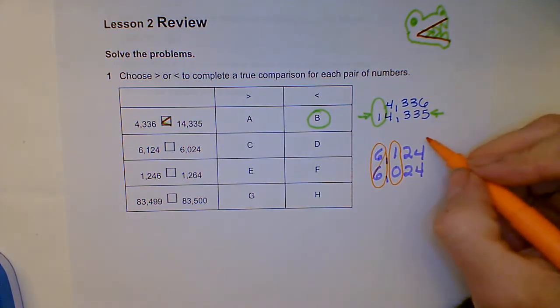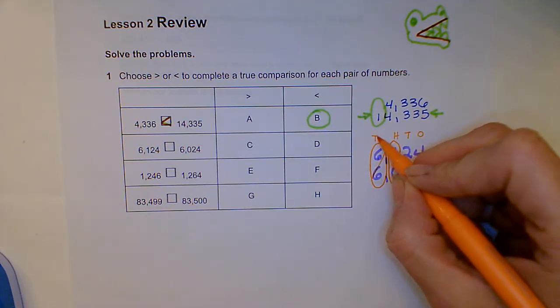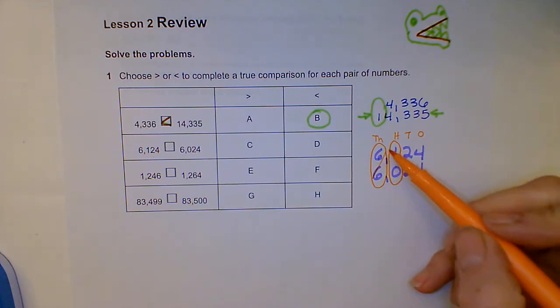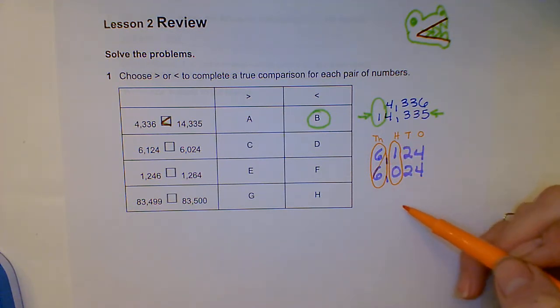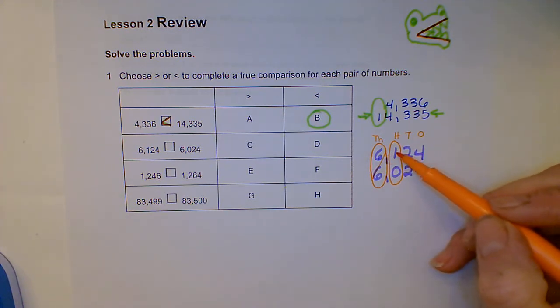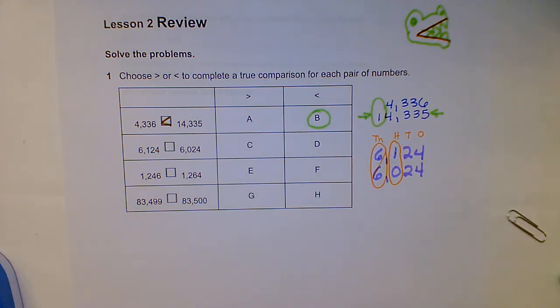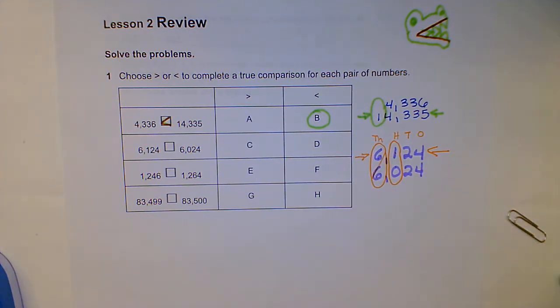For some of you, it might be useful to write ones, tens, hundreds, and thousands on top, just to help you remember what the place values are. So again, we did our sixes. They were the same, so we're moving over one. They didn't help us to find any differences. Now here in the hundreds place, I see that I have a 1 and a 0, and 1 is clearly greater than 0. So now I know that this number on top is the larger number.